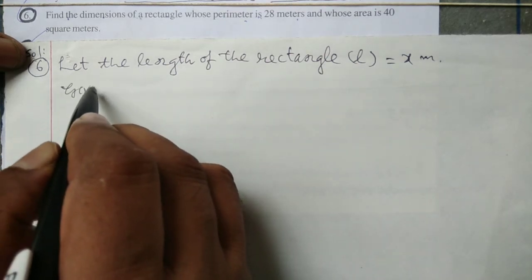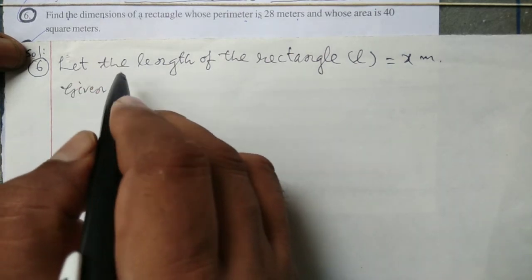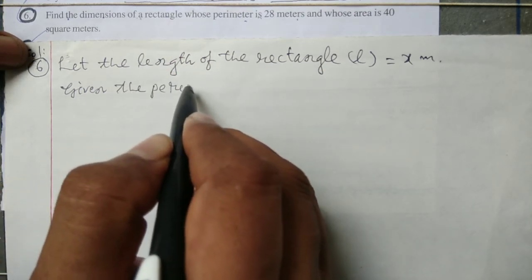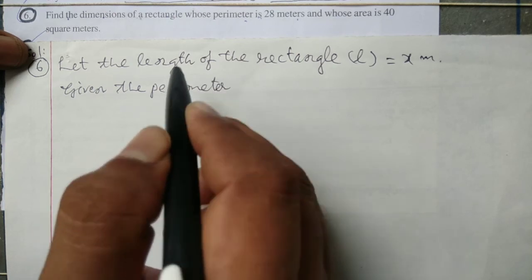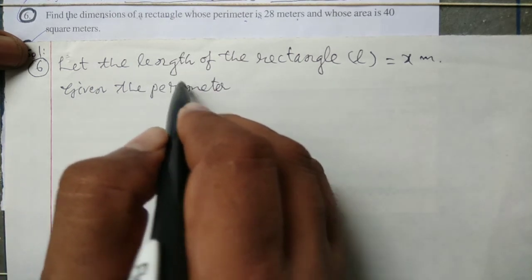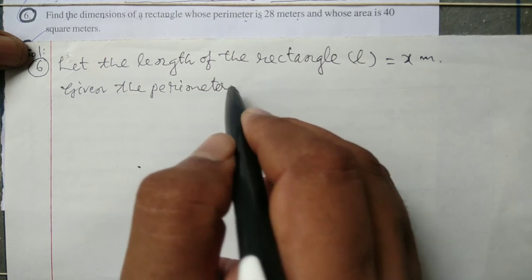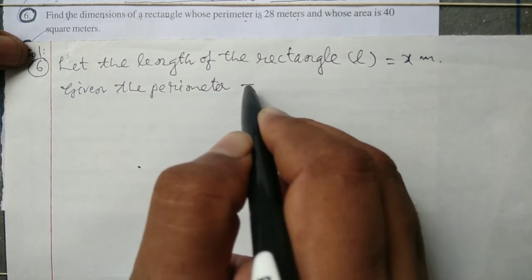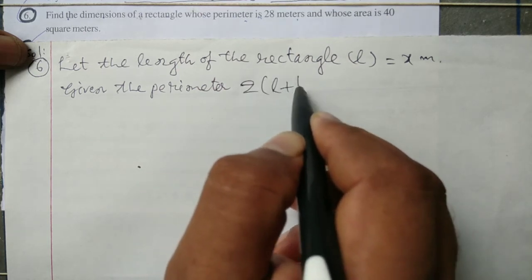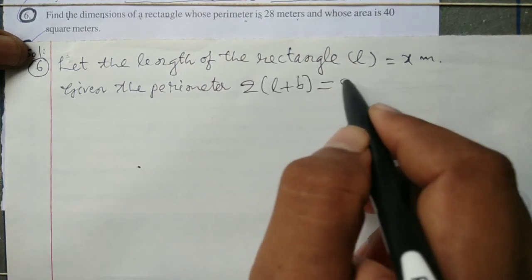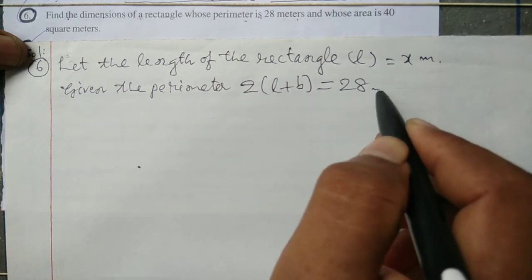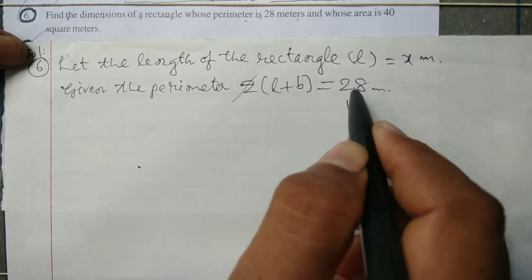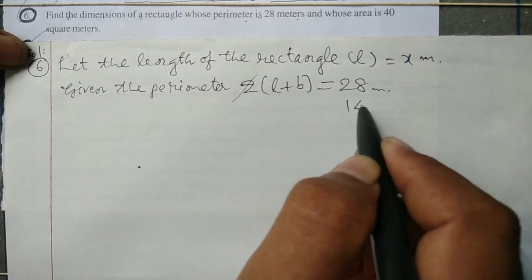Given the perimeter of a rectangle, 2 of L plus B is equal to 28 meters. So 2 ones, 2 twos, 2 ones, 2 fours.